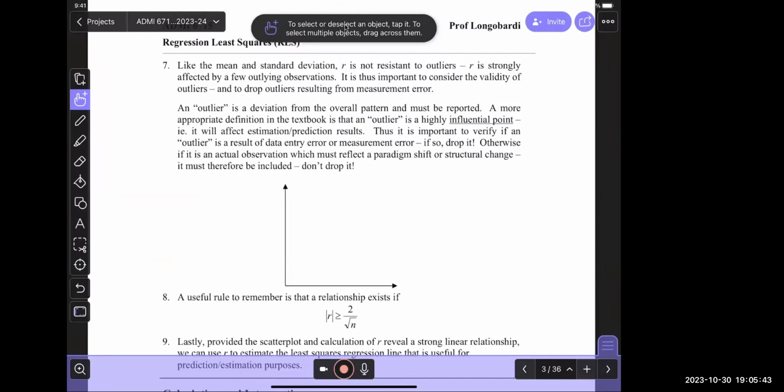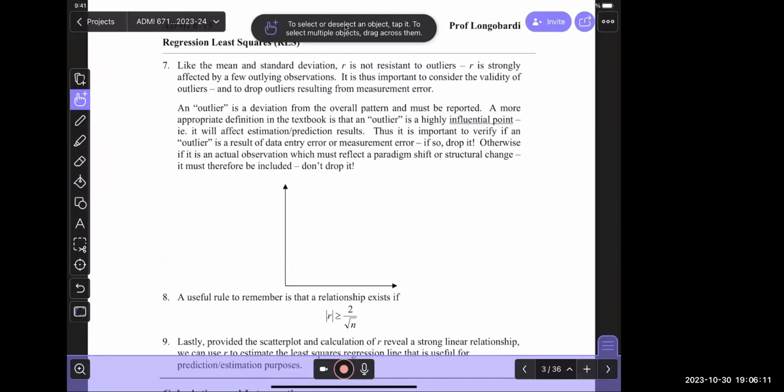The mean is calculated by averaging all the values. The standard deviation is calculated from the deviations from the mean. So both of them depend on the mean, and the mean is sensitive to outliers, not resistant to outliers. So R, which is made up of the mean and standard deviation, is also sensitive to outliers.